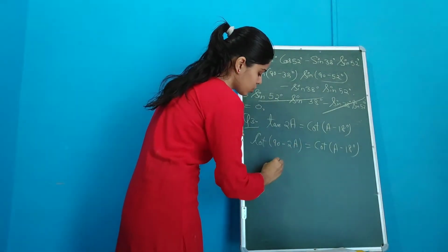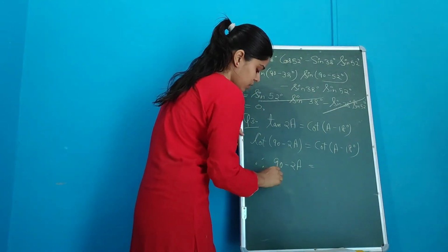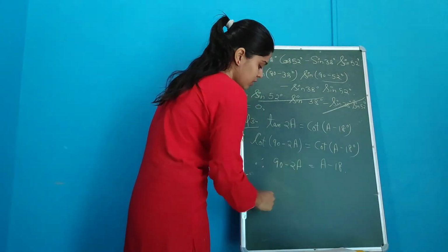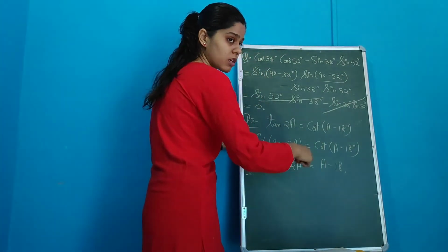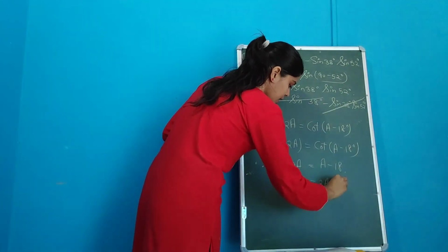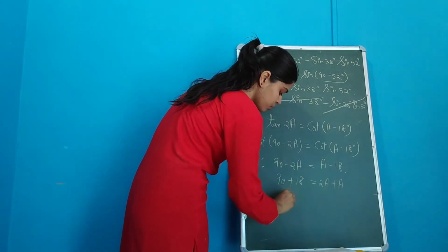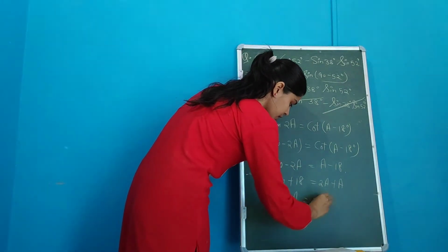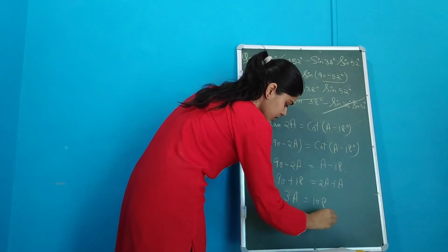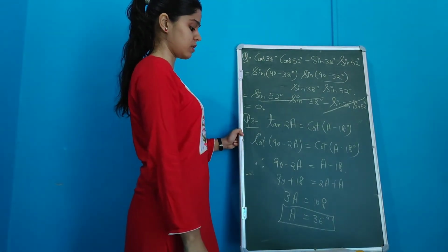So therefore 90 minus 2a equals to a minus 18. Transfer them, okay, and 2a plus a and 90 plus 18, it will become 3a equals to 108, and a equals to 36 degrees. A becomes equals to 36 degrees.